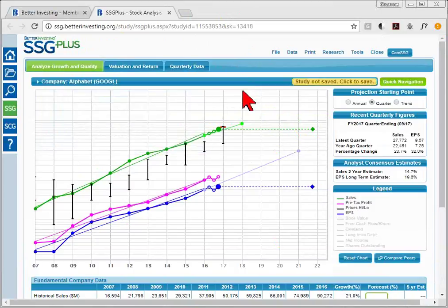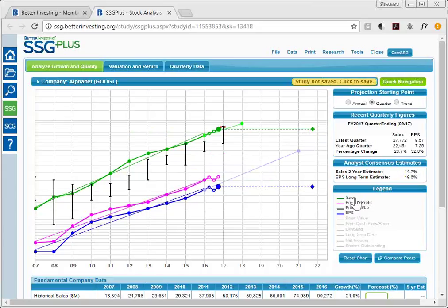In the graph area, we see all kinds of colorful lines and a lot of action when we mouse over things. So when I mouse over the annual data points, I see the year and the actual value. If I want to know what those colorful lines represent, I can reference the legend.